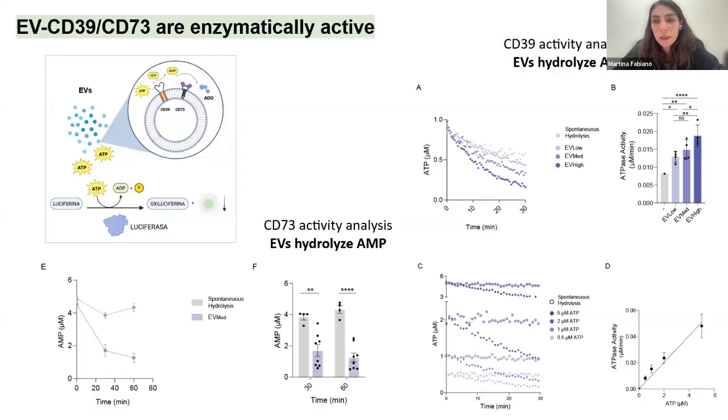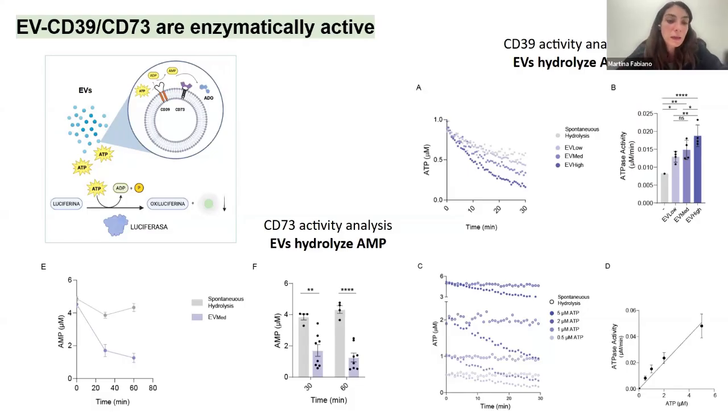We could determine the ATPase activity with different doses of EVs, and in panels C and D, we could also determine the ATPase activity by exposing the EVs to different concentrations of ATP. So we concluded that CD39 activity was there and EVs hydrolyzed ATP.